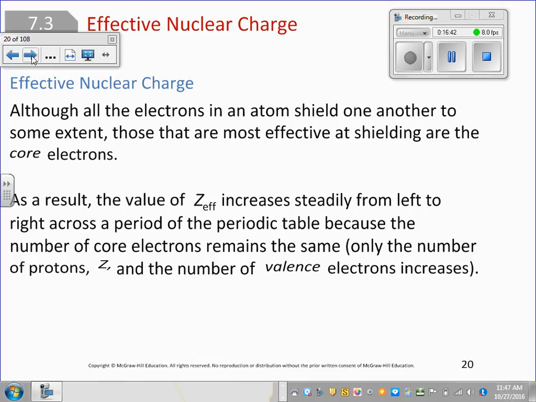So as you go from left to right across a row in the periodic table, the Z increases steadily. Why? So here is hydrogen. Here's its proton. Hydrogen's 1s1, right?